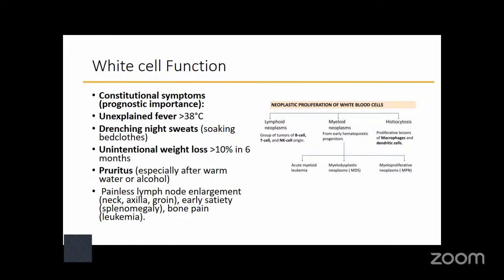They can have pruritus, which can occur in instances of polycythemia vera. Then ask the patient if they have felt any swellings in the neck, axilla, or groin, and you will examine for lymphadenopathy later on. Also early satiety and epigastric discomfort in splenomegaly and hepatomegaly. You can also have bone pain in patients who have, for instance, leukemias.